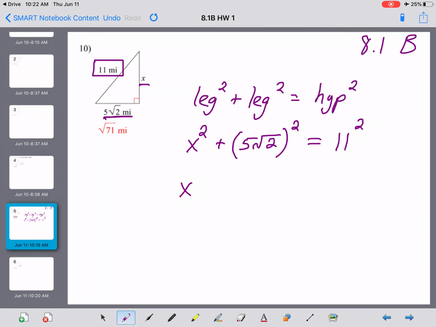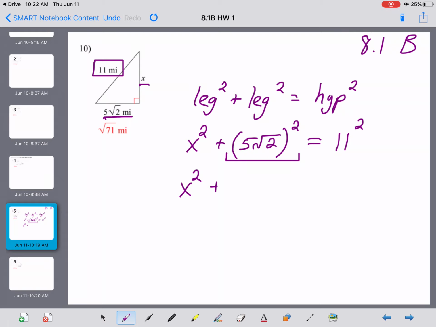So we're going to get an x squared plus, and I would imagine that most of you guys would want to use your calculator in order to do this. And that's where it's really important to do what I said a moment ago. You've got to put the 5 root 2 in parentheses. If you don't, if you just type in 5 times the square root of 2 and square that, I do believe you're going to end up with 10 for your answer.